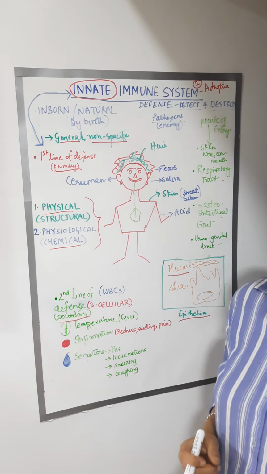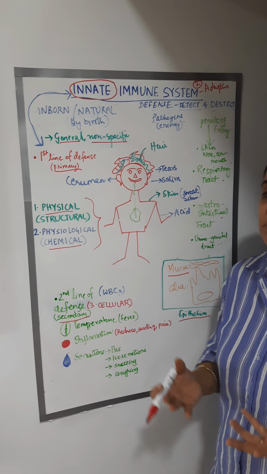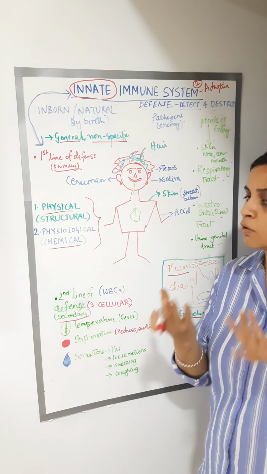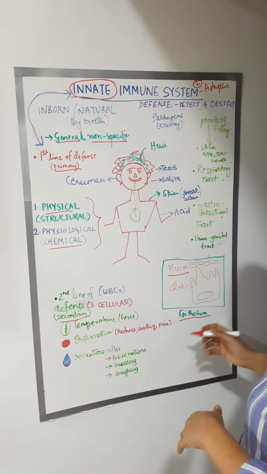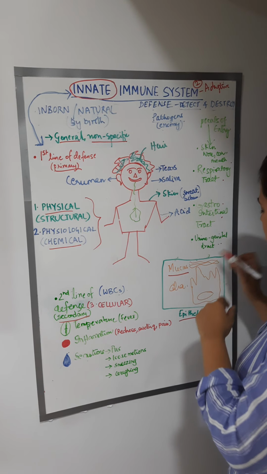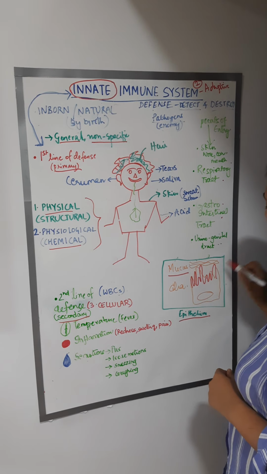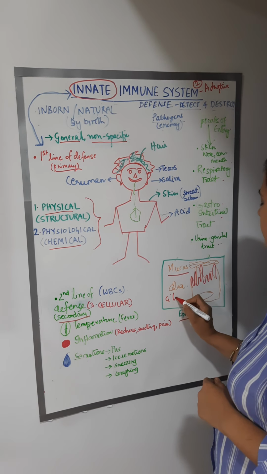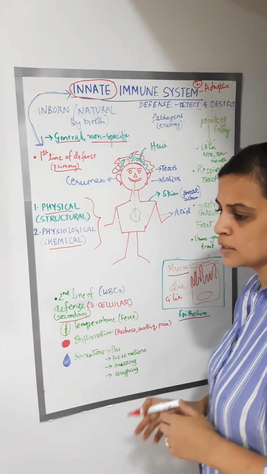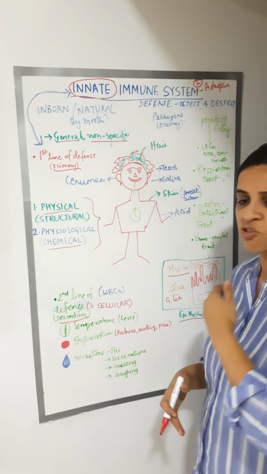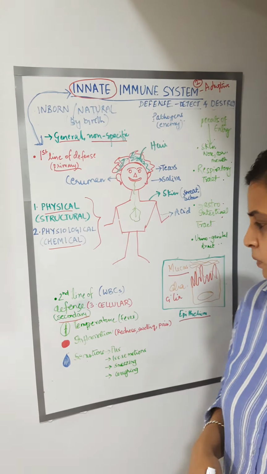This mucus entraps any pathogen that might enter via the food we eat or via the air that we breathe. Further, these epithelial cells have small finger-like projections known as cilia. What the cilia do is they move left and right and drive the pathogens away from our system.